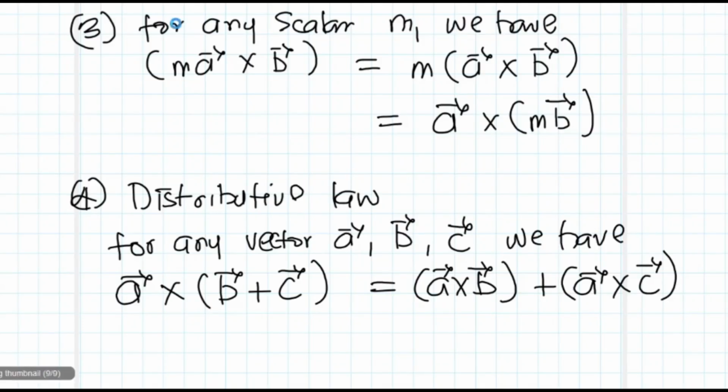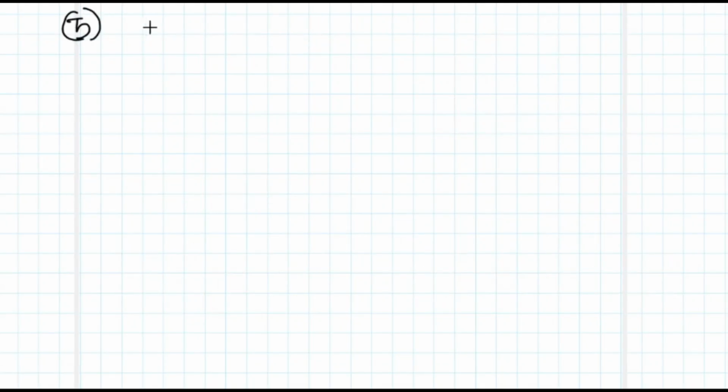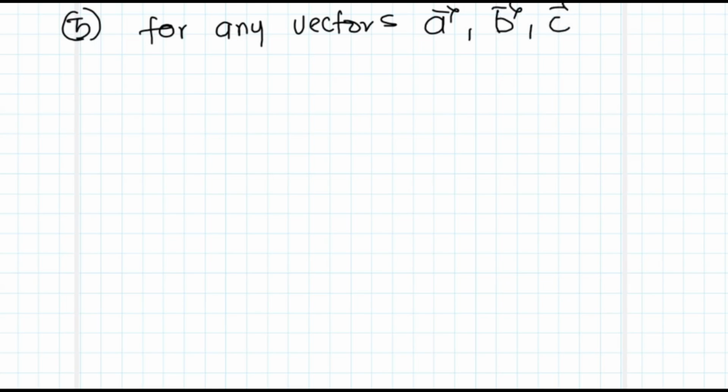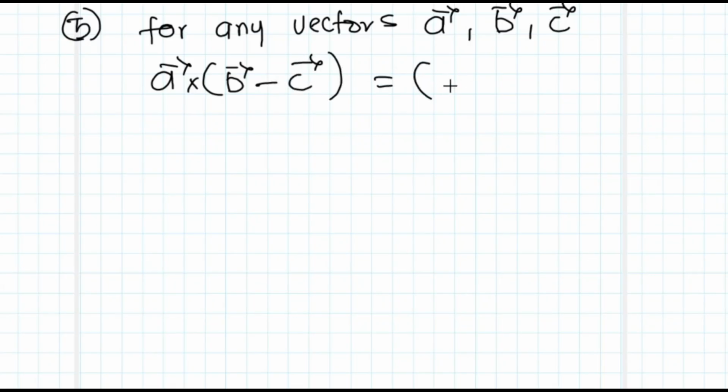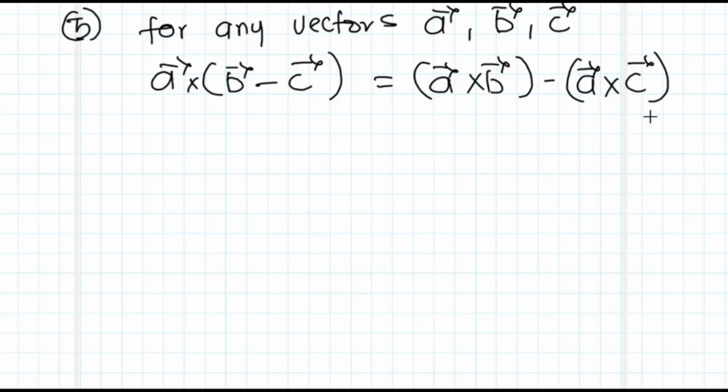Another property is that for any vectors A, B, C, we also have that A cross B minus C equals A cross B minus A cross C. So it's also good.